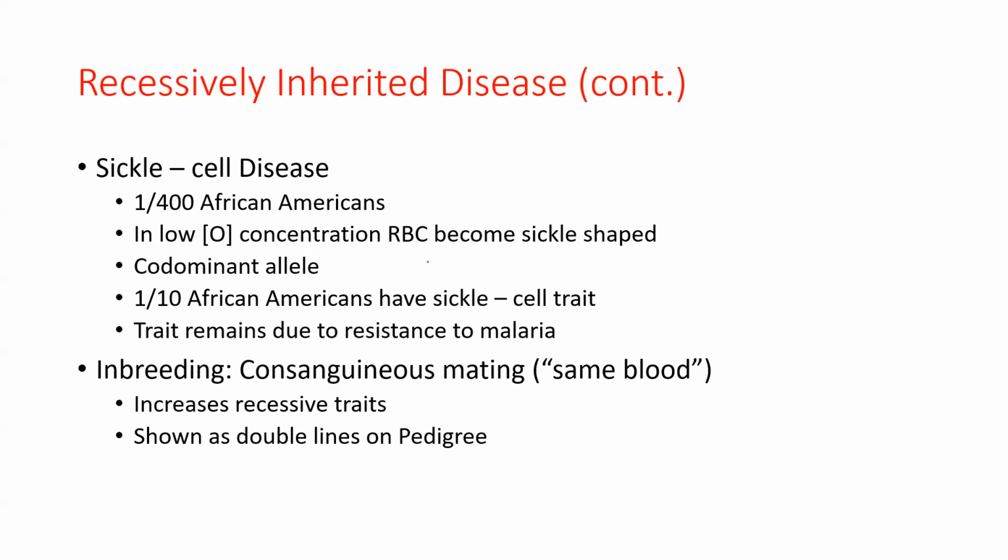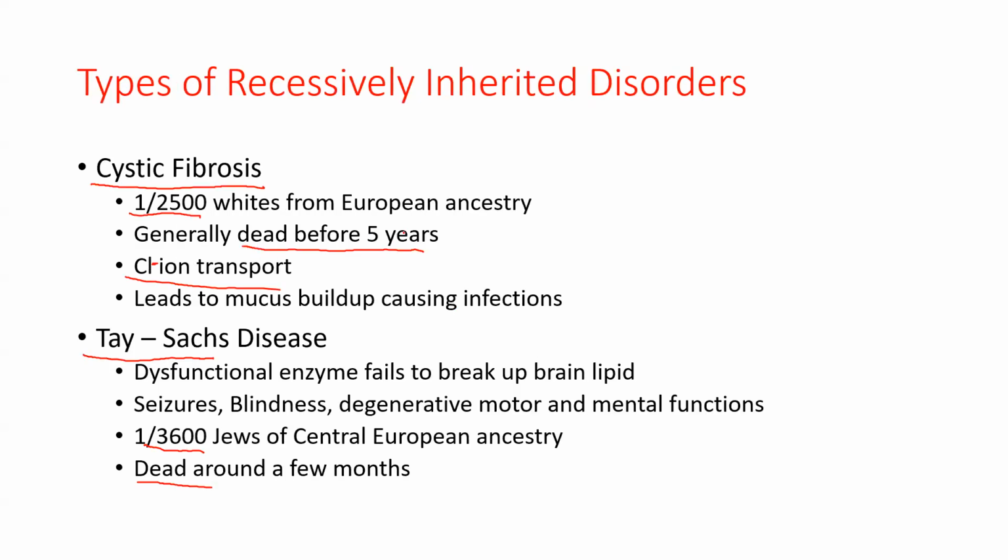Please pay attention to what I'm about to ask you. Why are conditions like cystic fibrosis and Tay-Sachs disease more common than the ones that cause the fetus to die in utero?